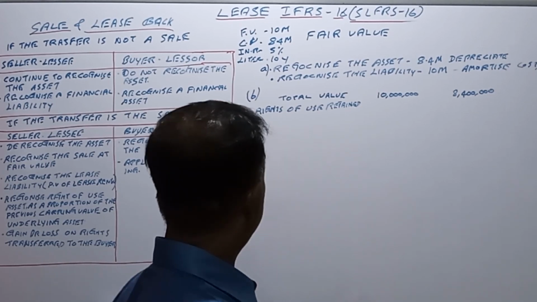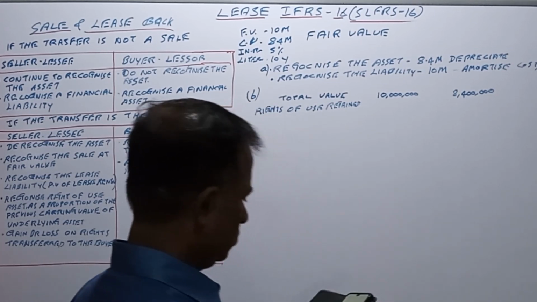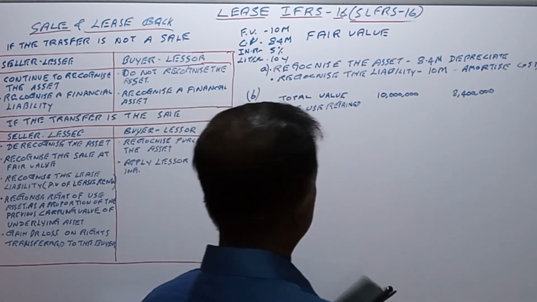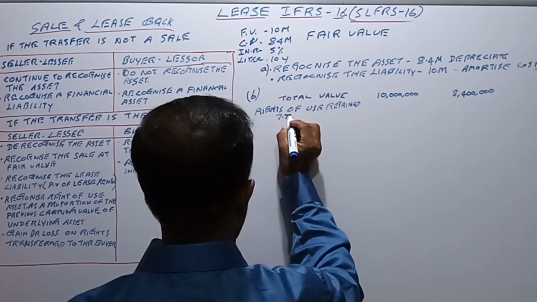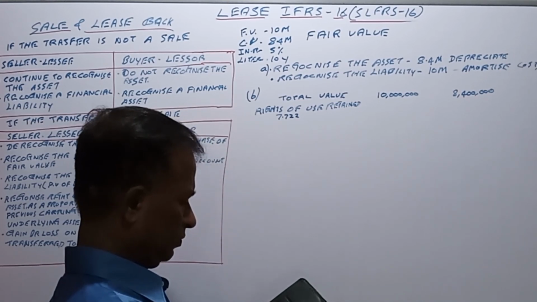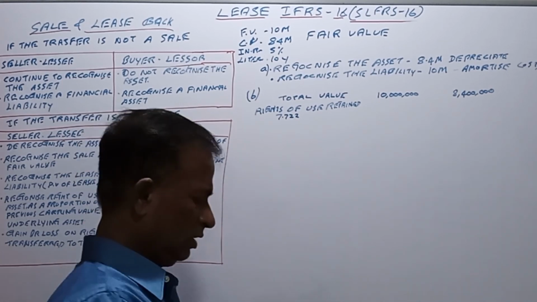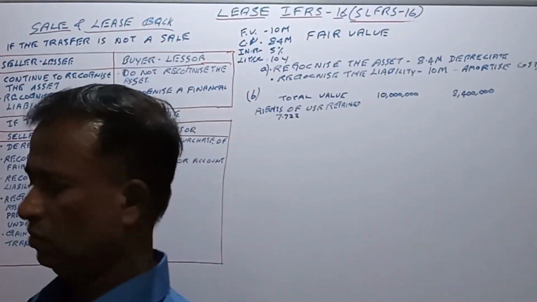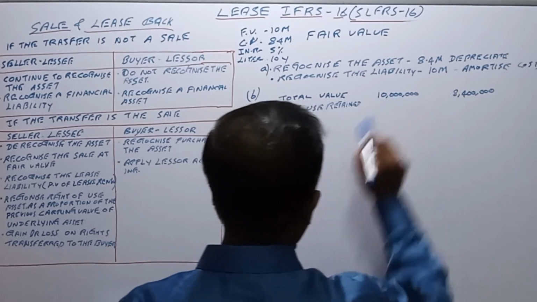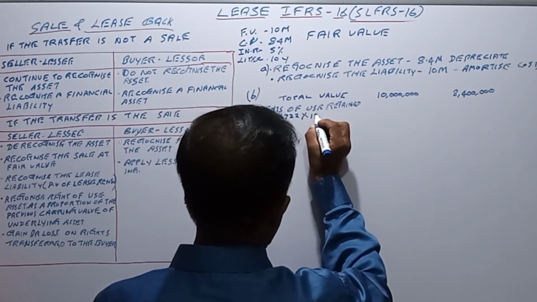Period is 10 years and 5%: 7.722. So 7.722 into 10 million.